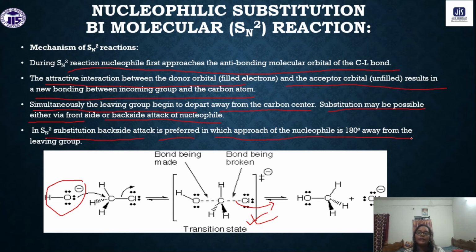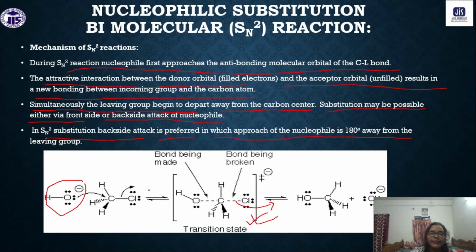That is why the nucleophile always attacks from the side opposite to the one from which the group leaves. So we have a transition state which is energetically very high, and also the configuration is totally changed.